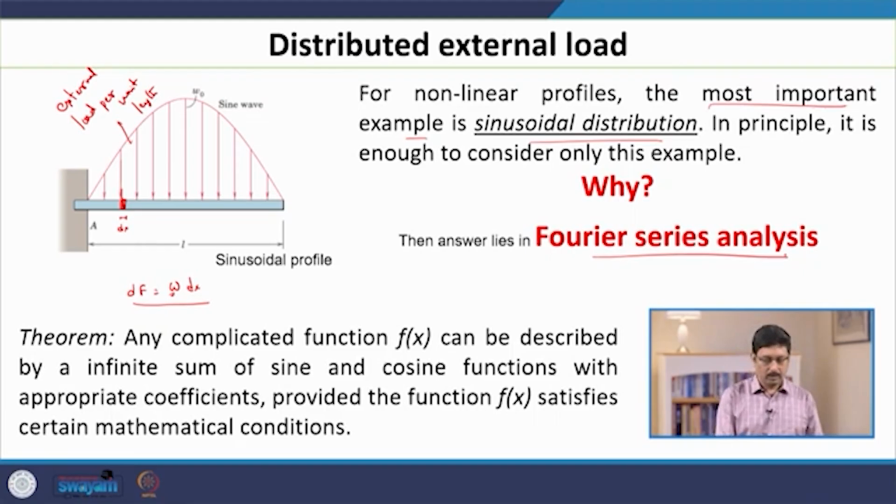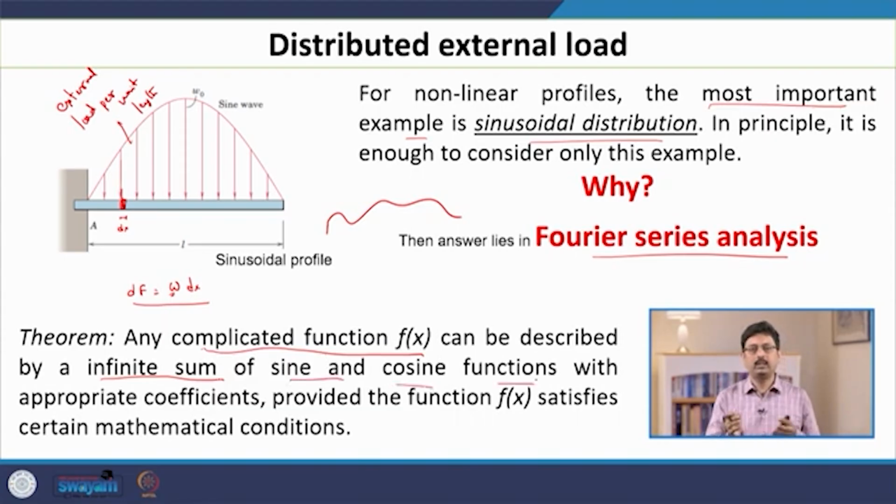You learn this theory about Fourier series in other courses, so I am just going to state the general principle: any complicated nonlinear function f(x) can be described by an infinite series or sum of sine and cosine functions.